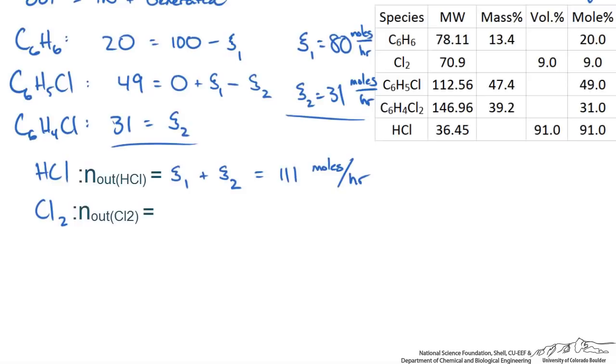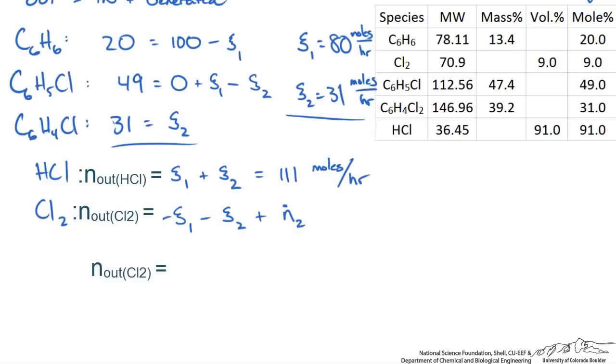Now for chlorine, we write this again: N out is equal to the extent of reaction 1, but we're consuming it, so there's a negative sign, minus the consumption in reaction 2, plus whatever we had coming in. And we don't know this value, but we did label it as N2 in our problem statement, or M2 for the mass flow rate. Fortunately, we can figure out what N out is.